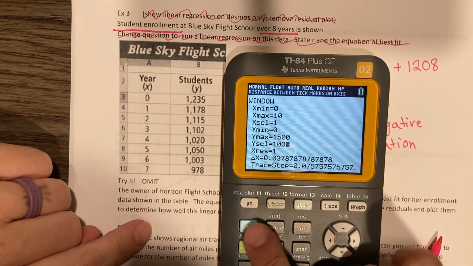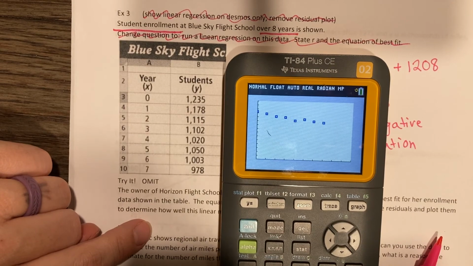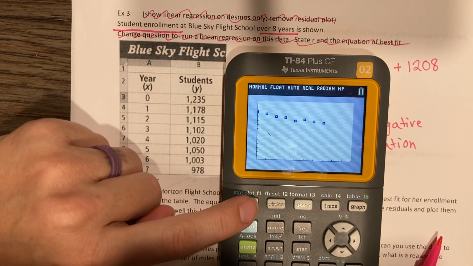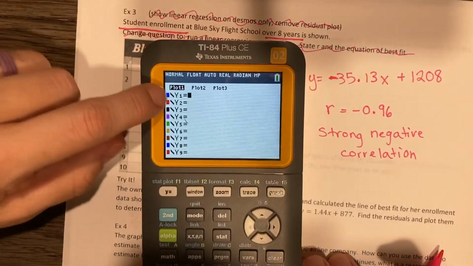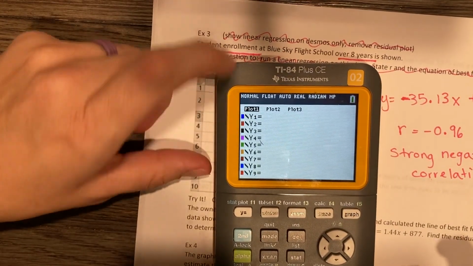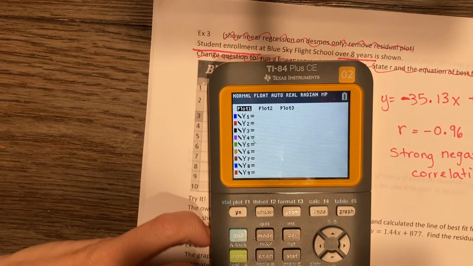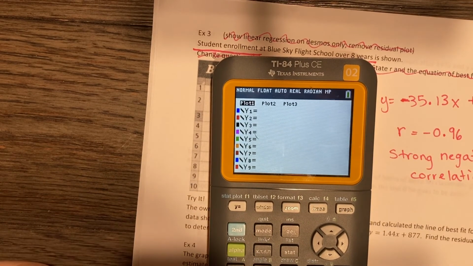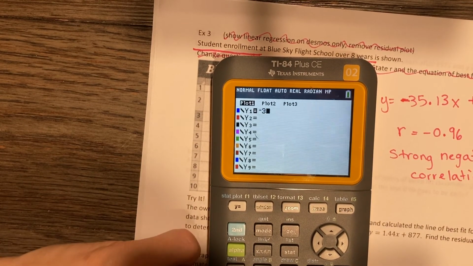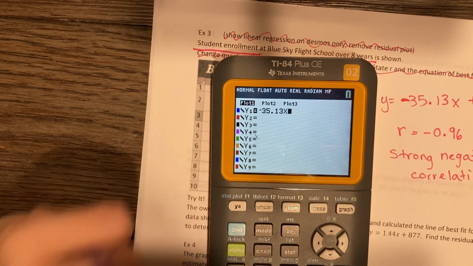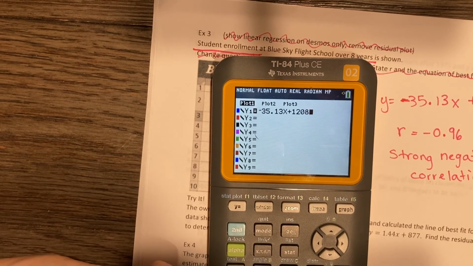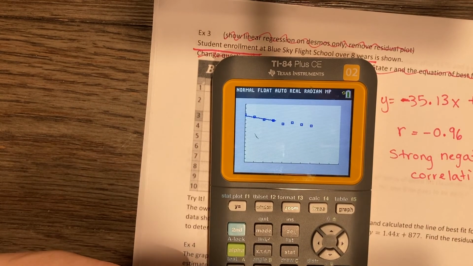We can graph that, and it shows our points, and then we can put our equation into the y equals. So clear that. Make sure this plot is on up here. So y equals this equation we have, negative 35.13 x plus 1,208. And we graph it, and you can see that the line goes through those points.